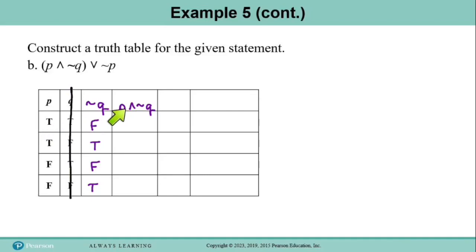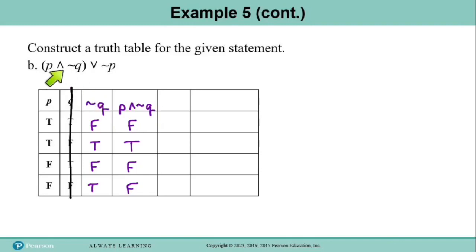Okay, so we're looking at P and not Q. It's an and statement, so it's only going to be true when both components are true. On this first line, P and not Q is false because one of the components is false. On the second line, both components are true, so the overall statement is true. On the third line, both components are false, so the overall statement is false. And on the fourth line, the overall statement is false.